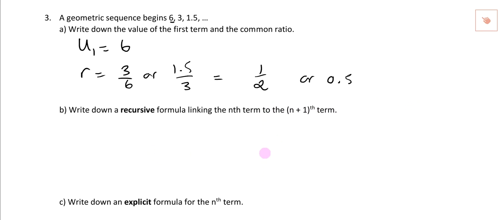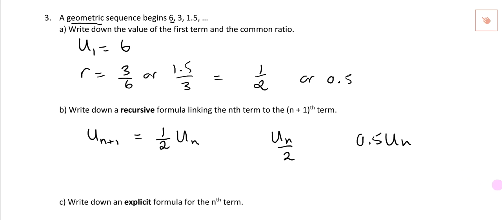Right? Write down a recursive formula linking the nth term to the n plus 1 term. So un plus 1 is equal to, well, we know it's geometric, so that means we're multiplying by the ratio. So we should write a half un, or un over 2, or 0.5 un.